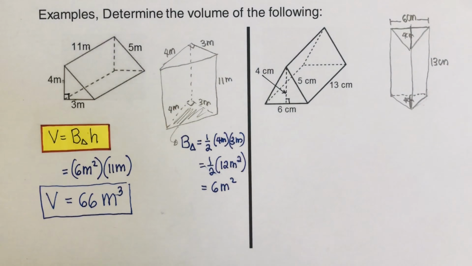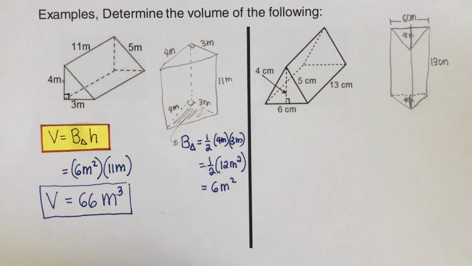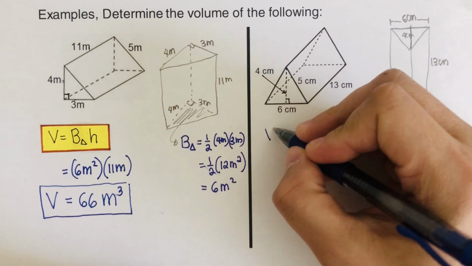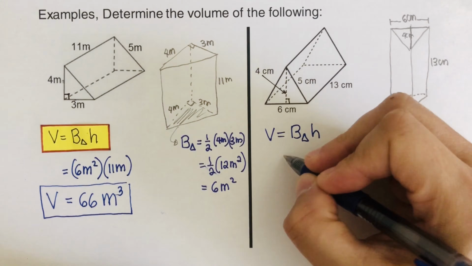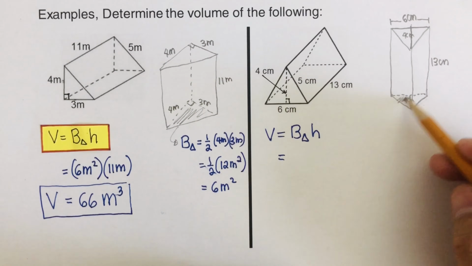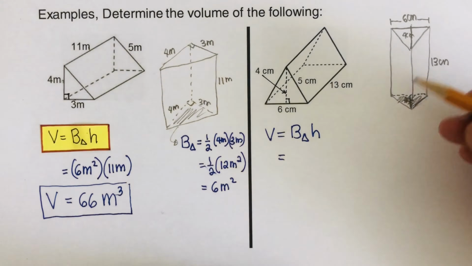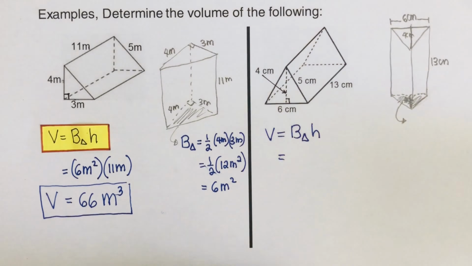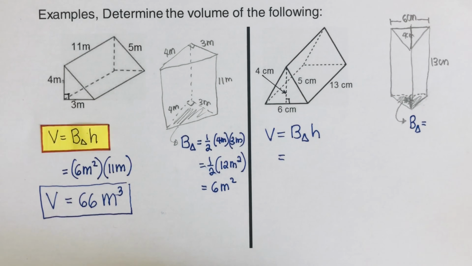So again, I'm going to write this equation up here. Volume is the area of the triangular base times the height. So then we need to solve for the area of the triangular base. Again, remember, the top base and the bottom base are just the same. So to solve for the area of the triangular base, since this is a triangle, we're going to use the formula for finding the area of a triangle.